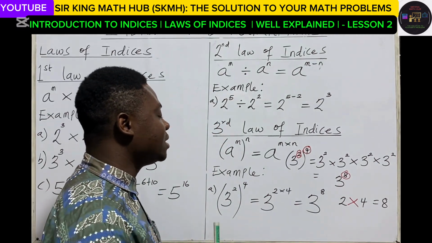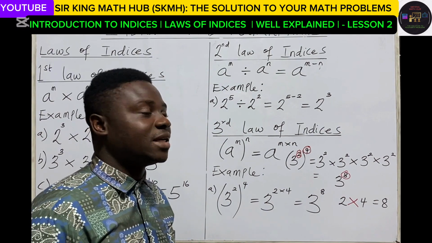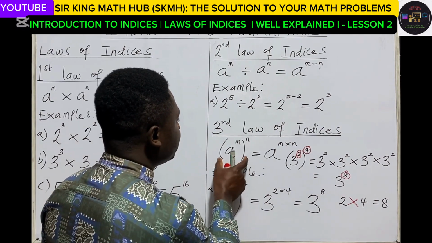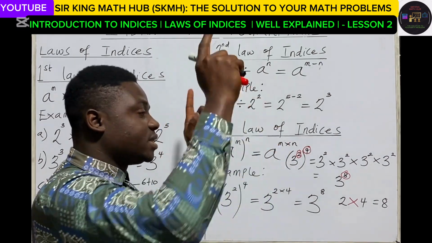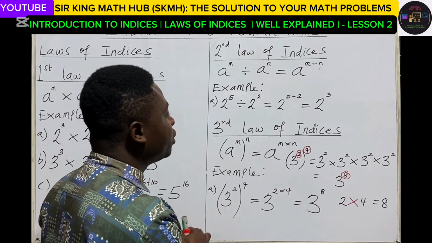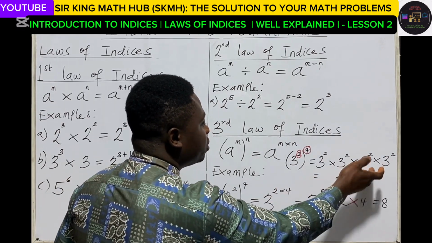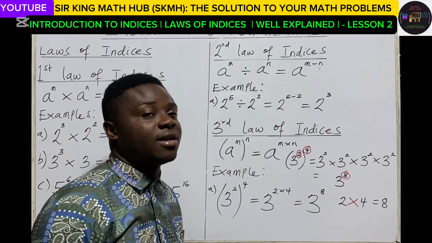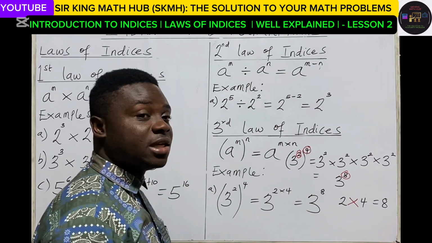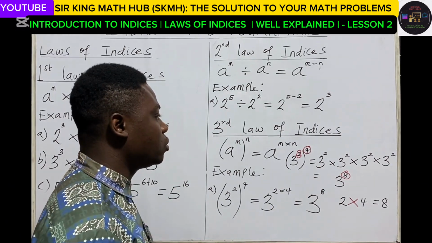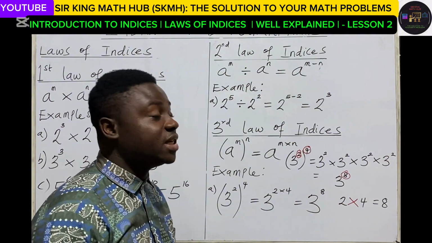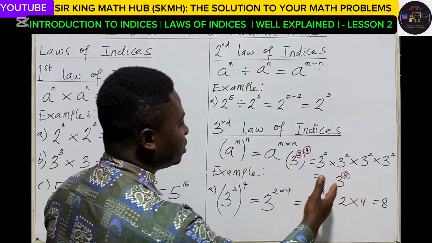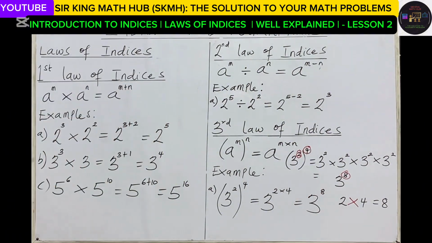So all that this law is telling us is that anytime we come across a situation of this sort, where we have an index with another power, there is no need for us to expand it to this form before we can get the final index number. No. Just write the base and then multiply the index and you get the right answer.